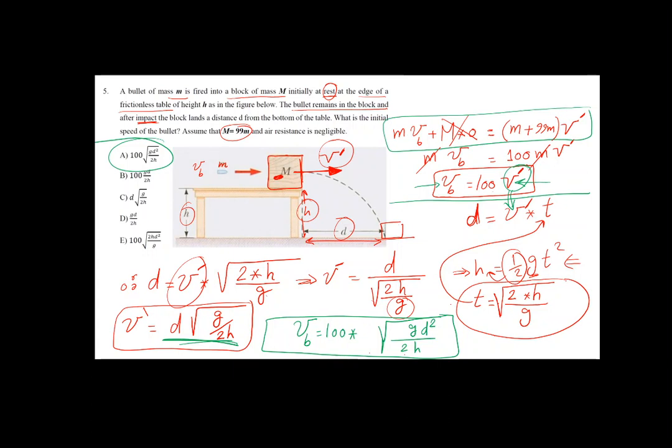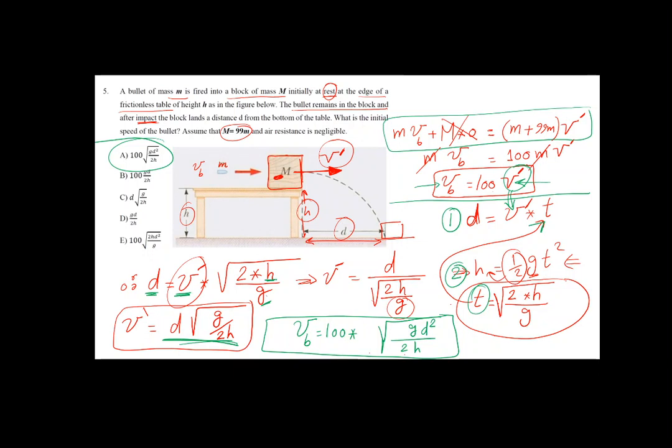Then I will make the equations of the projectile. This is the horizontal equation, and this is one of the vertical equations. Okay, I got the h as a function of t, then I will take t and substitute it back again. So I get a relation between d and v prime and h and g.